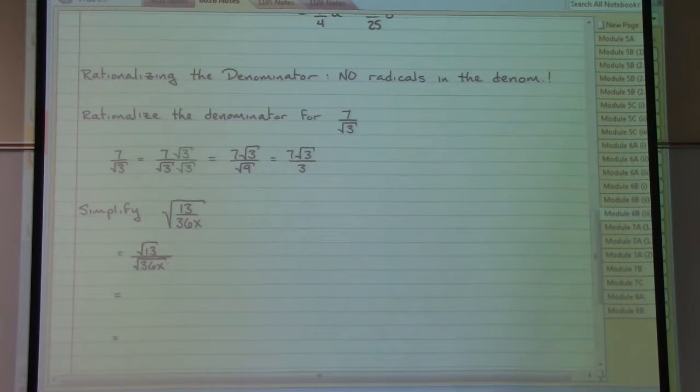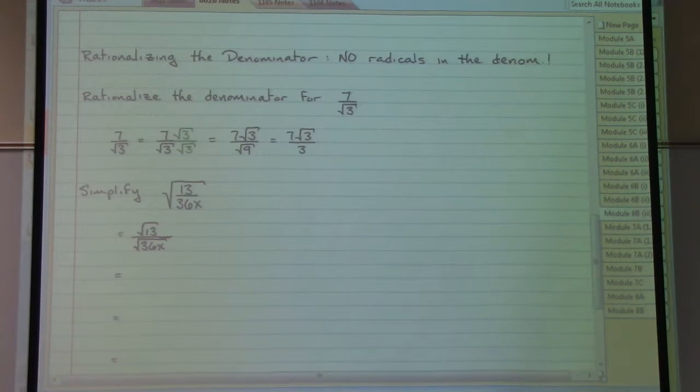And then making another observation that we do not like the denominator there having those two separate pieces because, hey, that square root of 36, if it was by itself, would actually be rather nice. So we can break things apart further and take care of that square root of 36.